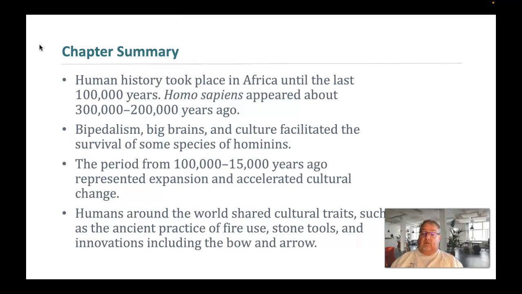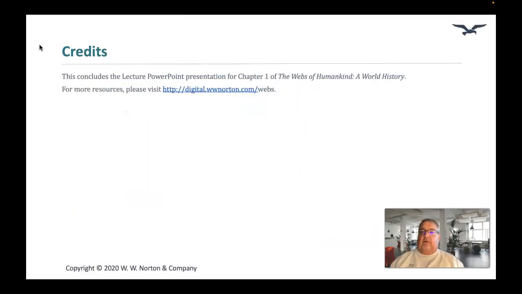We were successful because of some of the things that we were doing, especially tool making, big brains, okay, and our culture, which allowed us to survive and flourish, really, to the point where hunting and gathering is going to be discarded in favor of settling down and staying in one place. All right, so hopefully that'll give you a pretty good idea about what you need to be piecing out as you read the chapter.